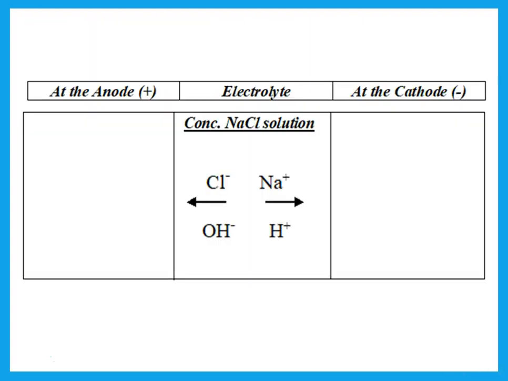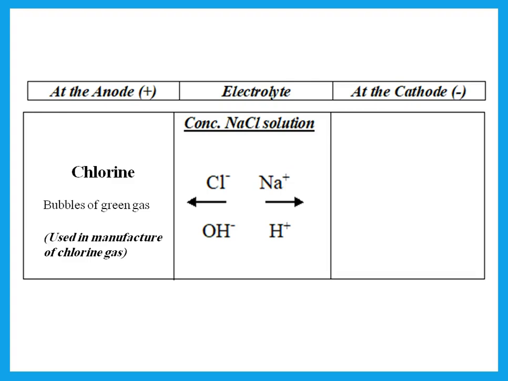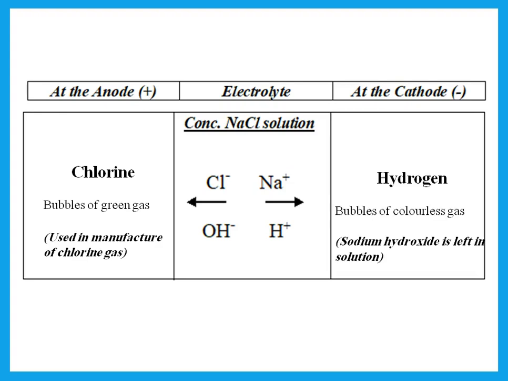Now, if I have concentrated sodium chloride, again, at the anode, I have a choice between chloride and hydroxide. It is the chlorine that will be formed. On the cathode, I have a choice between Na plus and H plus. Remember, if I have a choice between Na plus and H plus, the hydrogen is the one that reacts. Remember, the one that is less reactive in the reactivity series is the one that reacts in electrolysis.